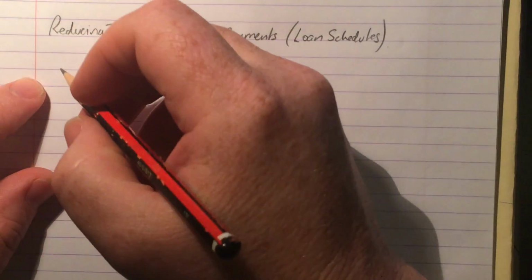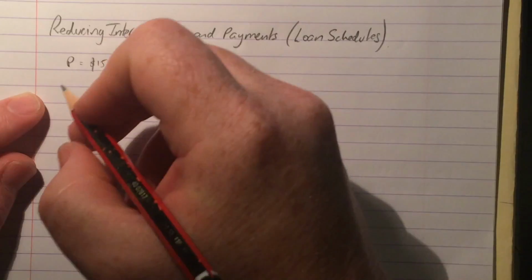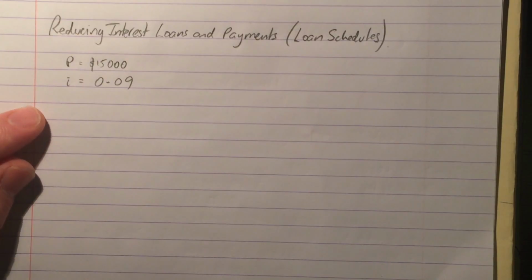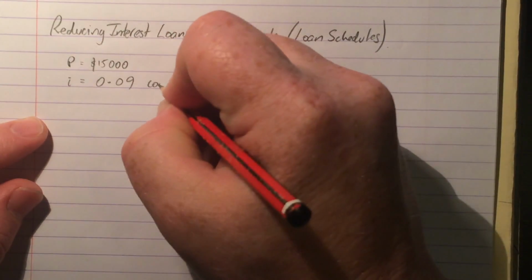The example we'll use will be a loan of $15,000 at an interest rate of 9%, which is compounded monthly.